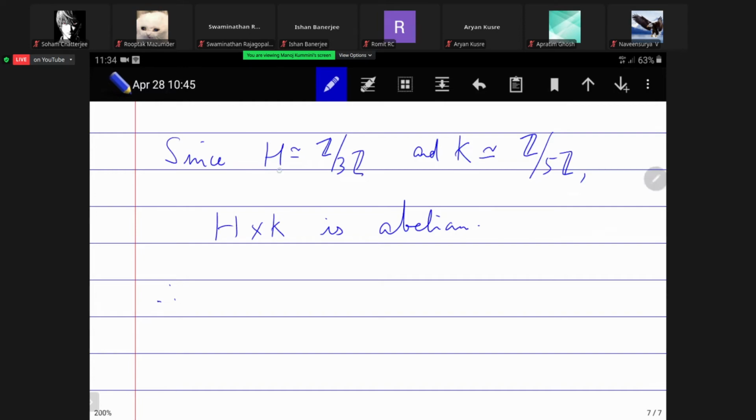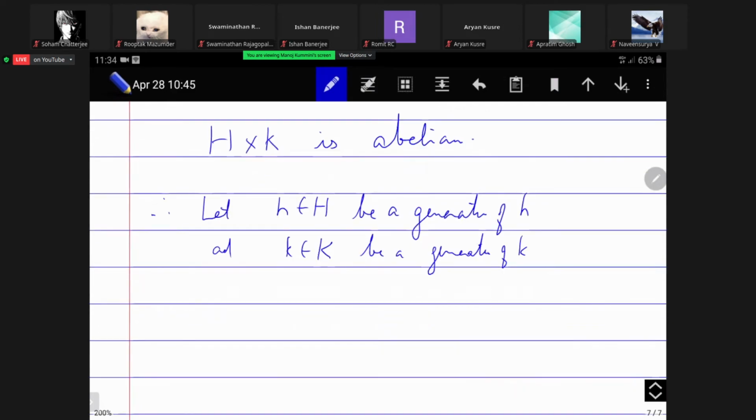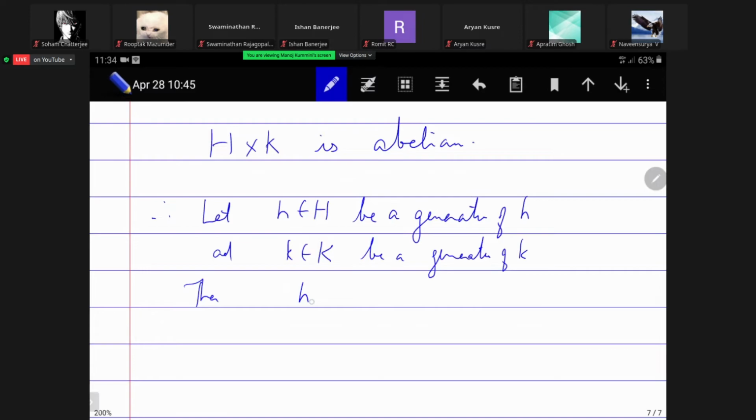So let h inside H be a generator of H, and k inside K be a generator of K. Then the order of hk is 15.